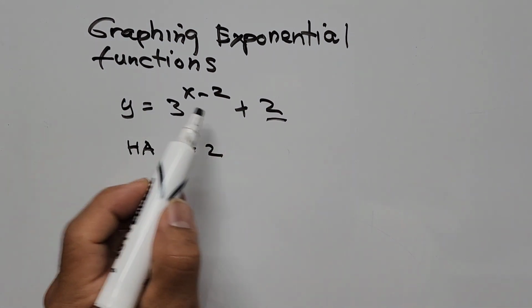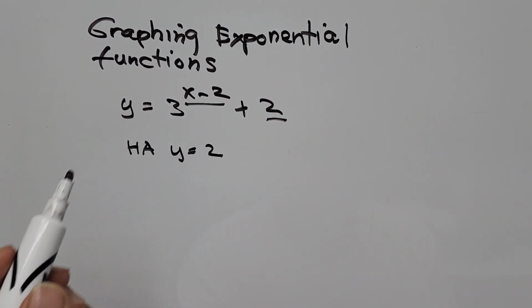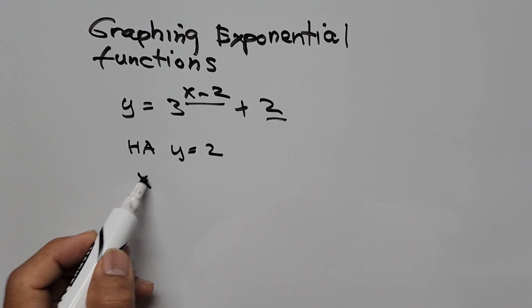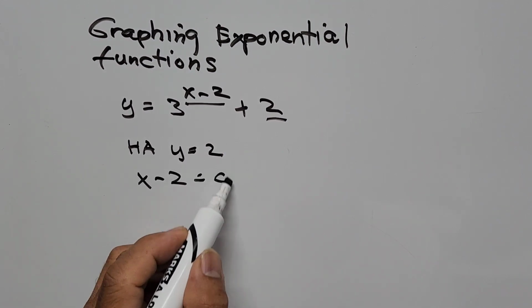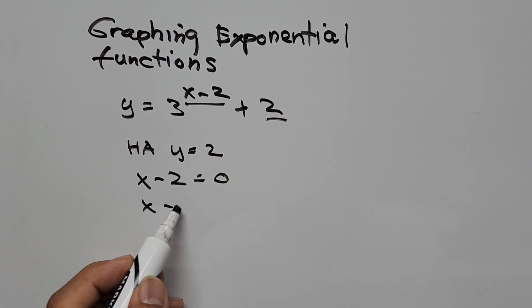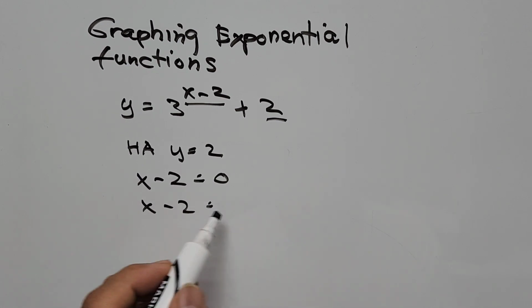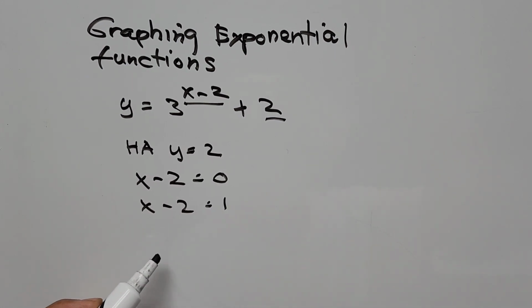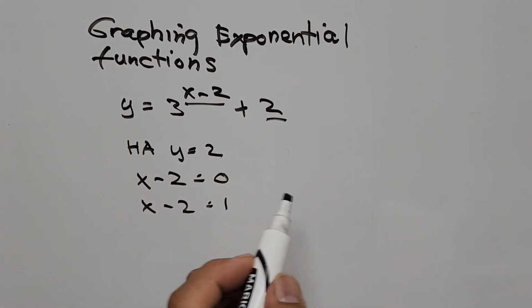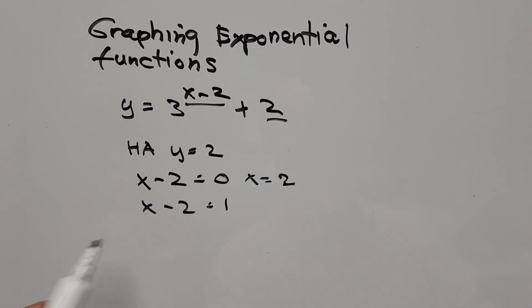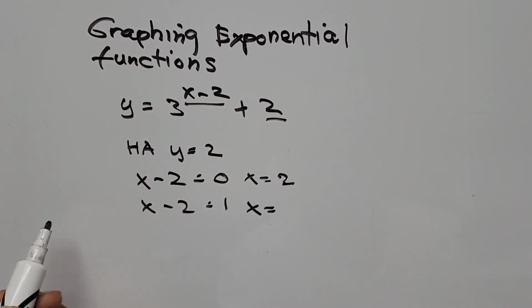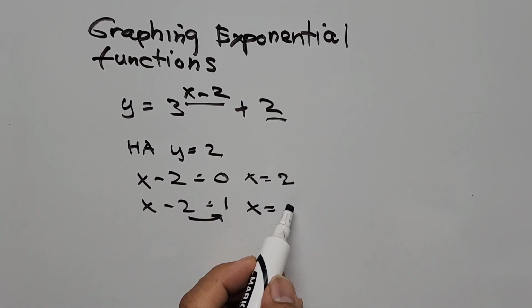And here, focus on the exponent. So we have here x minus 2, let's equate that to 0. And x minus 2, we take that as 1. And solve for x over here. So x is equal to 2 here. X is equal to, putting 2 on the other side, that will become 3.